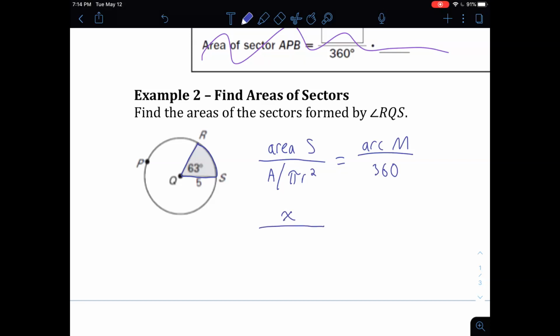And then, do we know either the area or the radius of this circle? You guys see the radius of this circle? We see the radius is going to be 5, so I'm going to use probably pi r squared, because we got to use the formula that has the thing we're using. So pi times 5 squared equals, do we know the arc measure? What's the degrees of the sector there? 63 all over 360.